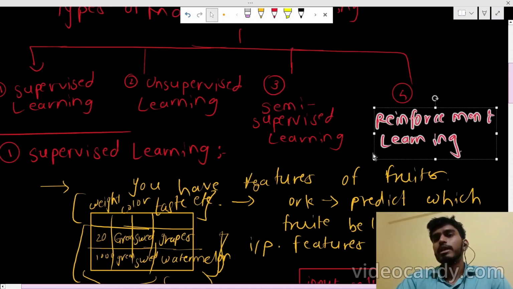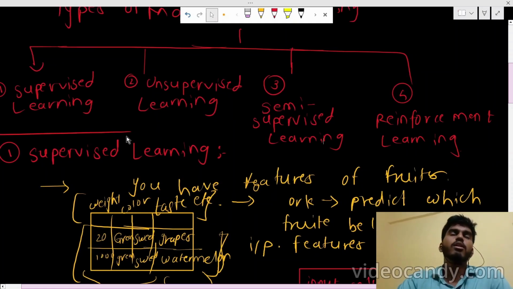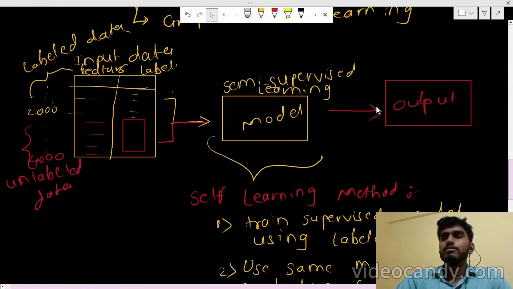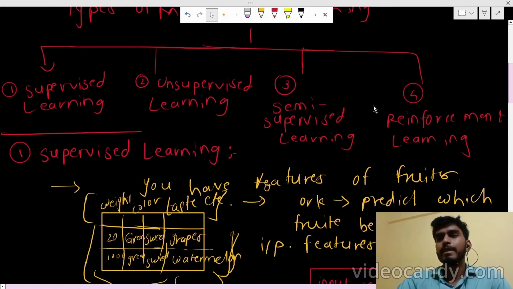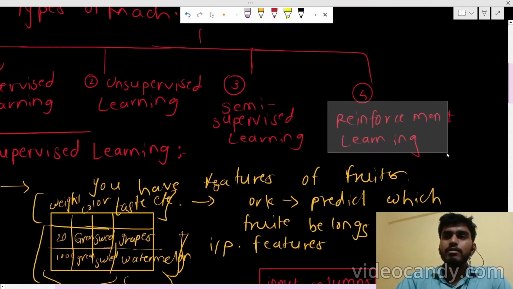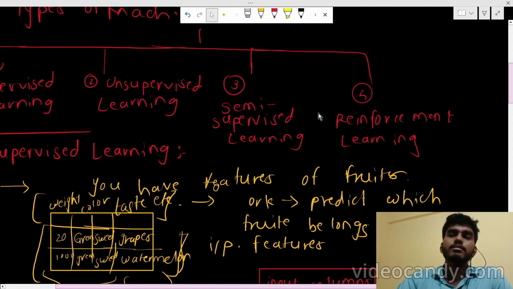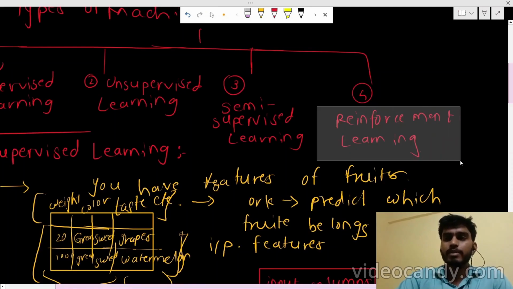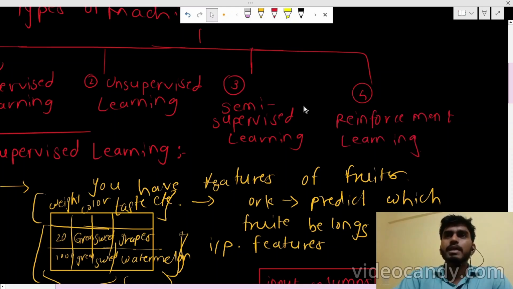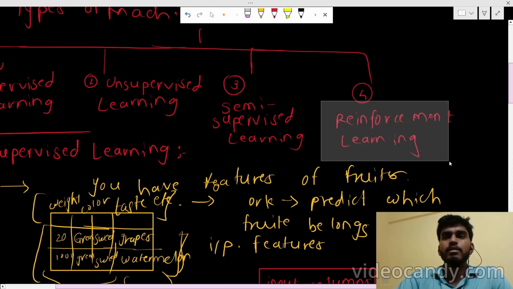Then we saw reinforcement learning with one robot and XYZ company. Reinforcement learning is a reward based learning where a reward will excite the model to do that particular thing, and a penalty will reduce the excitement of the model to do that unexpected behavior.